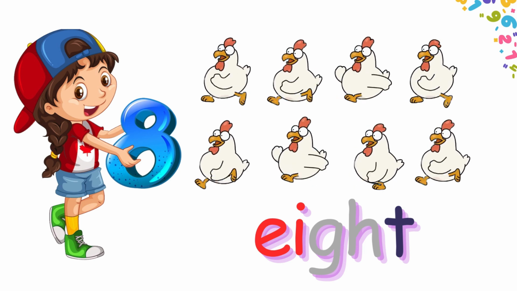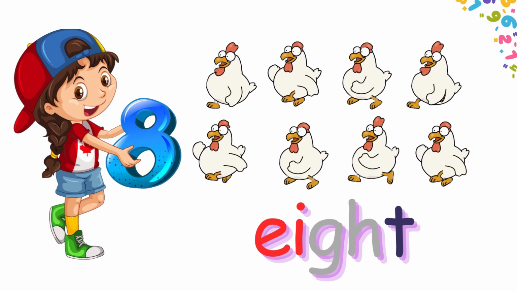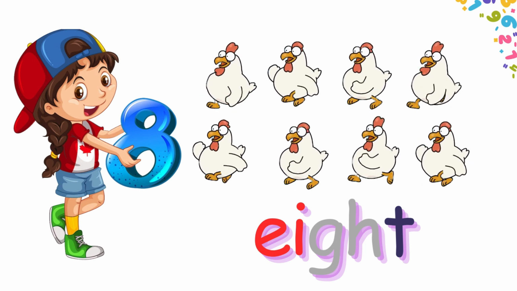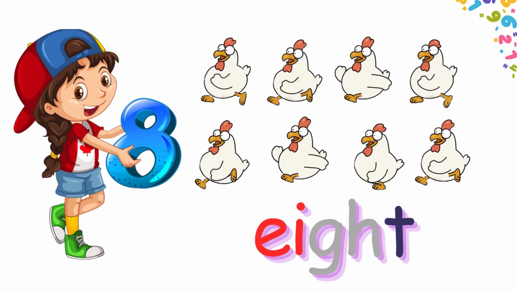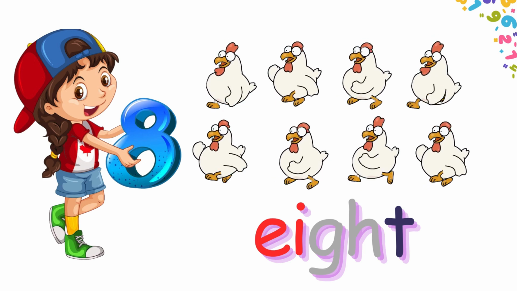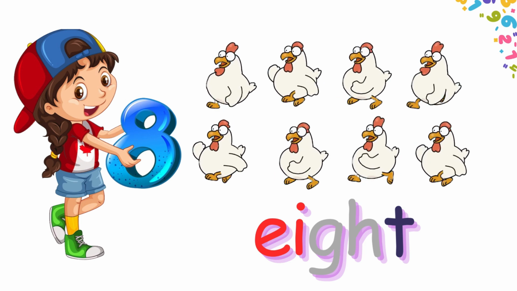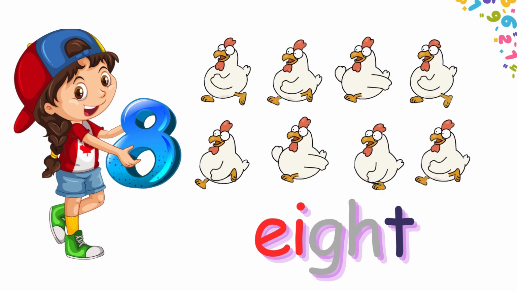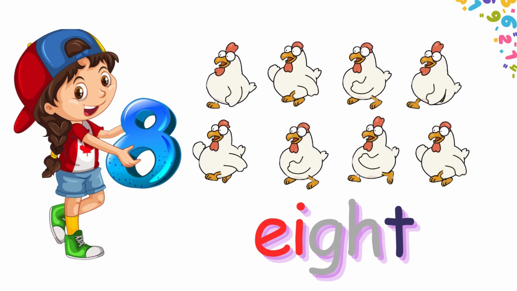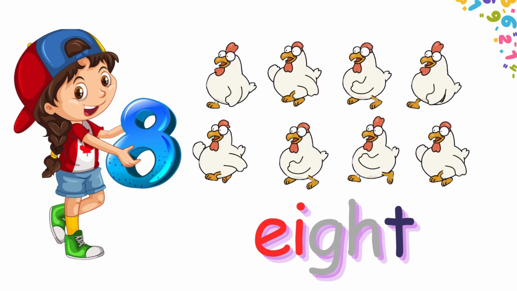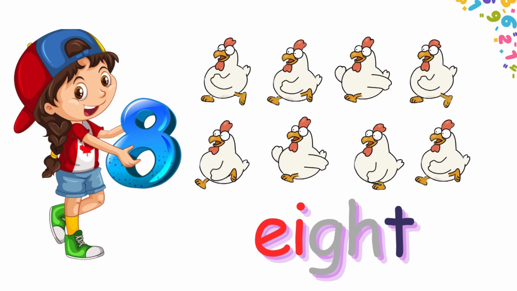EI makes the sound A. GH is already silent, so don't make any sound for it. And the last letter is T, so it makes the sound T. Join the sounds together now. 8. That's right.